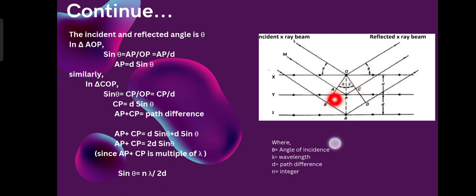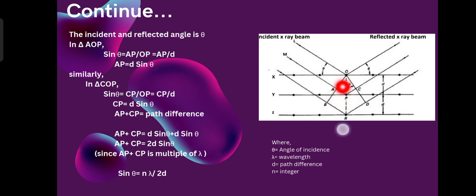So in triangle AOP, now here, because of vertically opposite angles, if this angle is theta, this angle would also be theta, right? So in triangle AOP, apply sine theta.